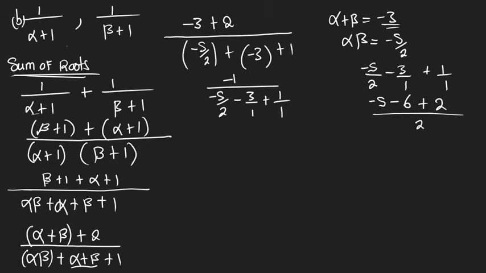So if we add everything on the numerator, we get negative 9. So negative 9 over 2. So this is just the same as negative 1 over negative 9 over 2, which is just the same as this, and that can cancel, and we're going to have 2 over 9.